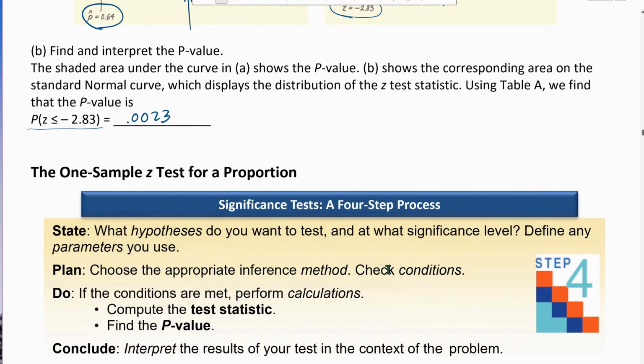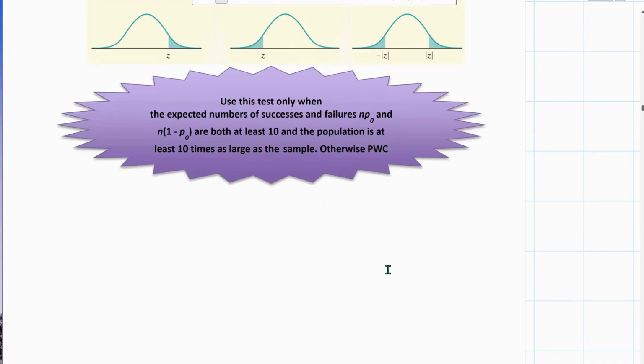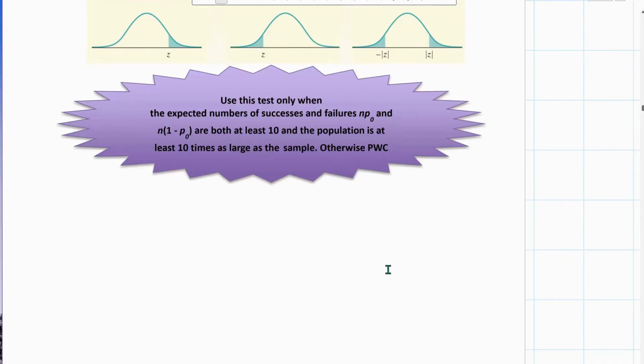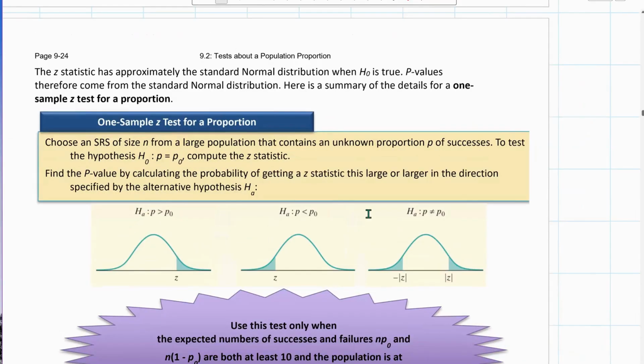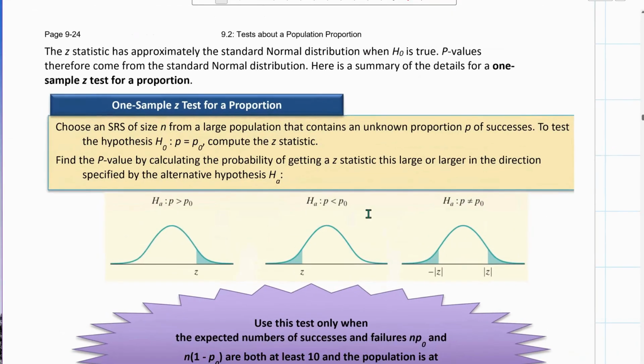Let's talk about all of this in the context of a problem. Where are we? Here we are. So what are we doing? We're doing this one sample z-test for population proportion. We are setting ourselves up by creating that H naught claim, finding a p-value, and then comparing that p-value to some alpha value.